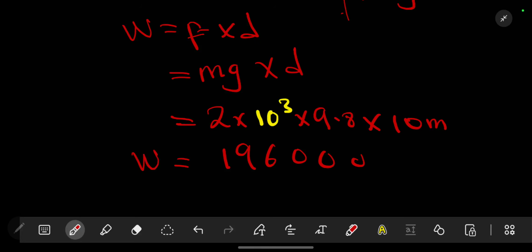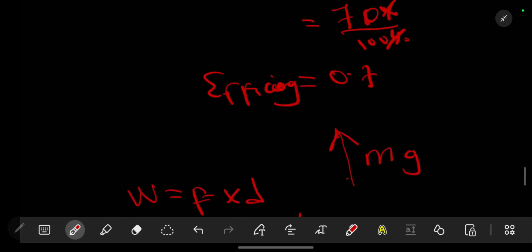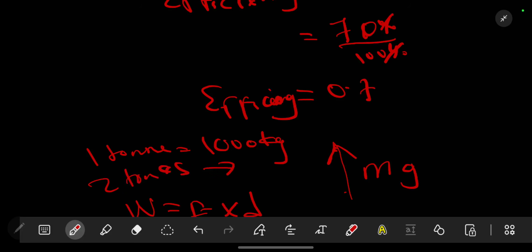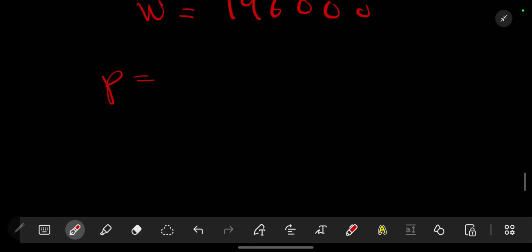We have the work is that, then for the power, you can just say 1 ton is equal to 1000 kg. How about 2 tons is equal to x? When you do your calculation, you will end up with the 2000 that is here.